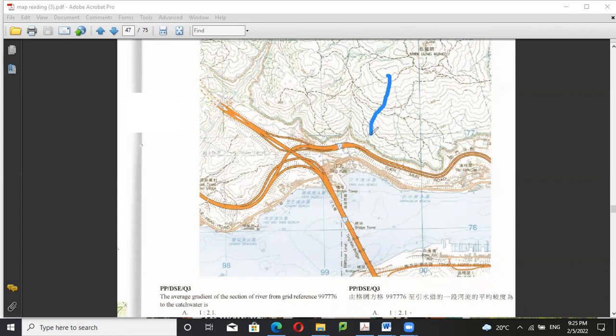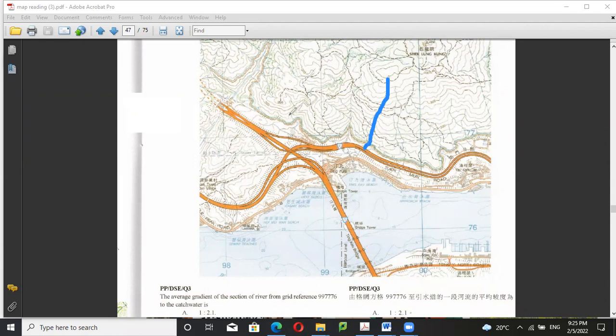Hello, where are you? Oh, before the catch water, wait a minute, I did too much. Catch water, right here. So it should be like this, and the vertical should be from 400 meters to maybe 100 meters, isn't it?